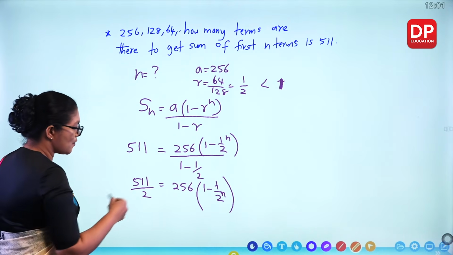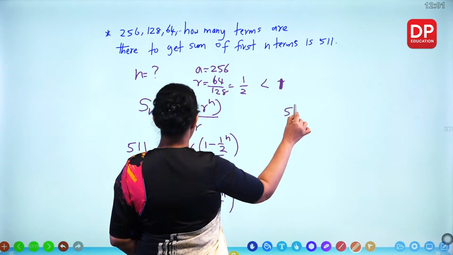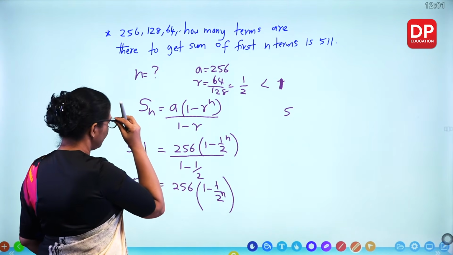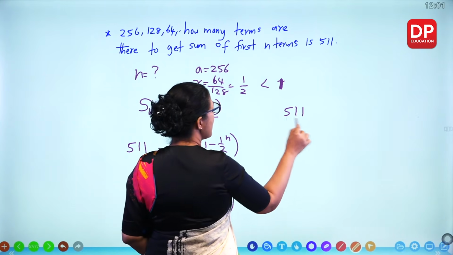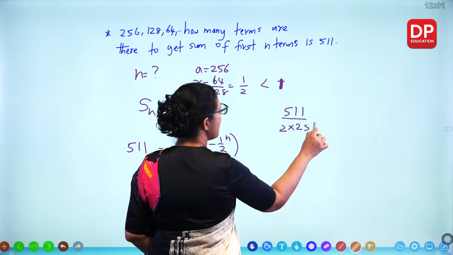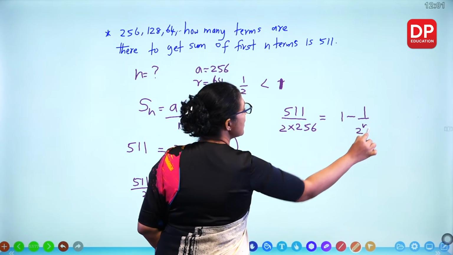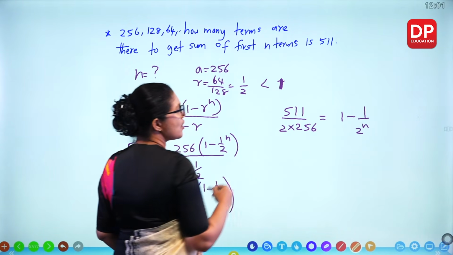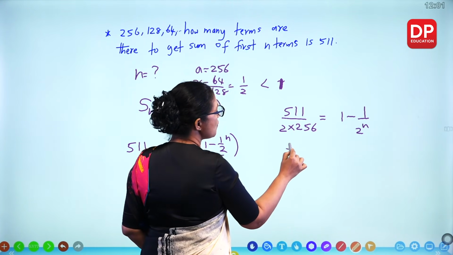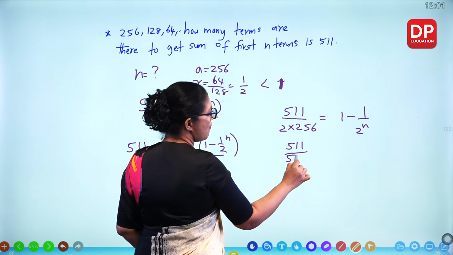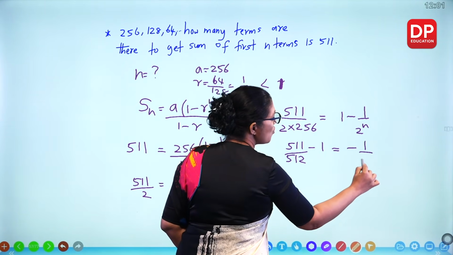Now take this one down. I get 511 divided by 2 and divided by 256 is equal to 1 minus 1 over 2 to the power n. When you take 1 to the other side, you get 511 over 512 minus 1 is equal to minus 1 over 2 to the power n.